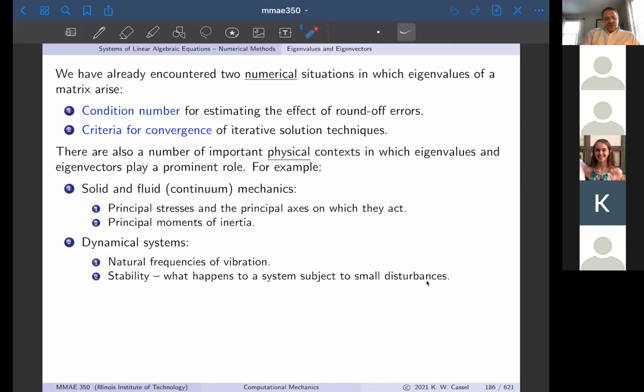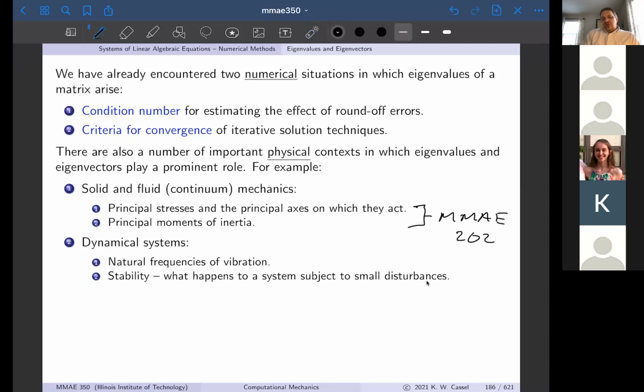The two big ones I'm going to discuss today are in solid and fluid mechanics, where the principal stresses and the principal axes on which those principal stresses act are based on eigenvalue, eigenvector problems. Likewise, principal moments of inertia are also based on eigenvalue, eigenvector problems.